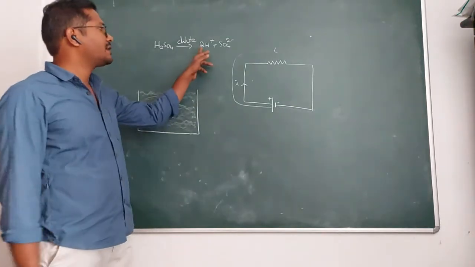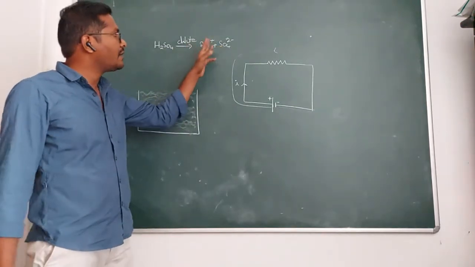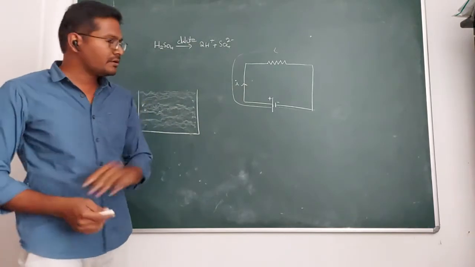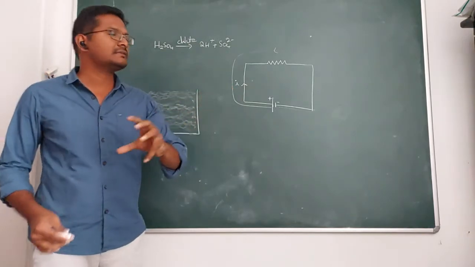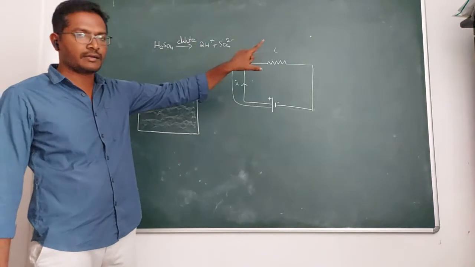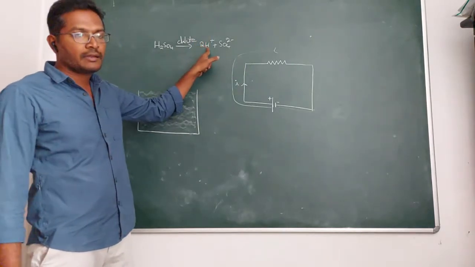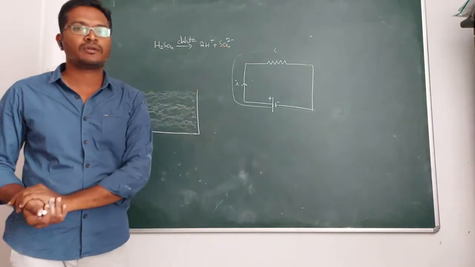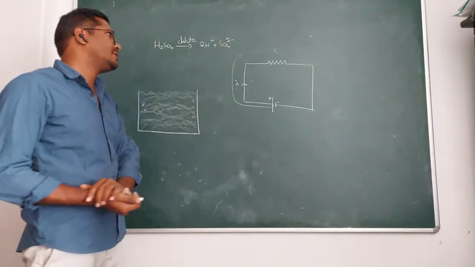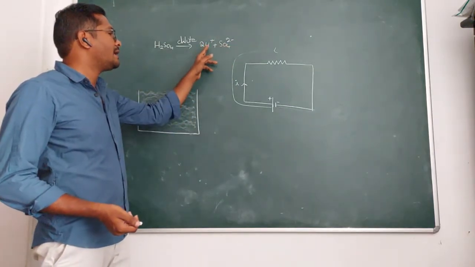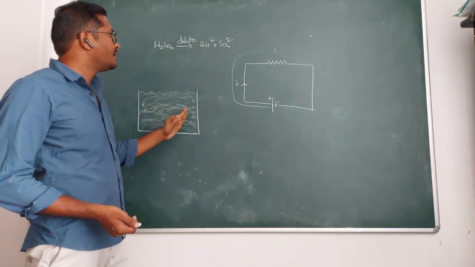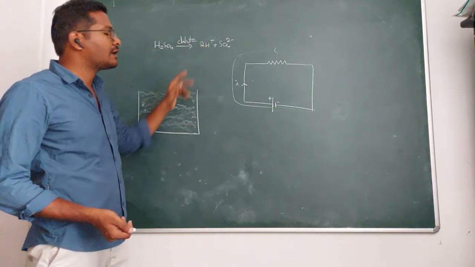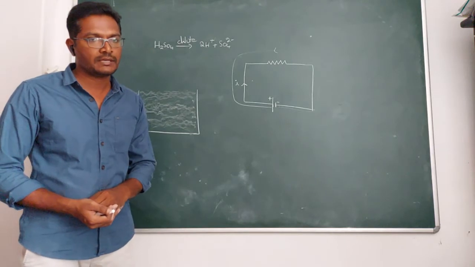Now these are said to be ions, a positive ion and a negative ion. As they become ions, they can get attracted: a positive towards a negative, and a negative towards a positive. So if you put a negative electrode here, these H plus ions will attract towards the negative.